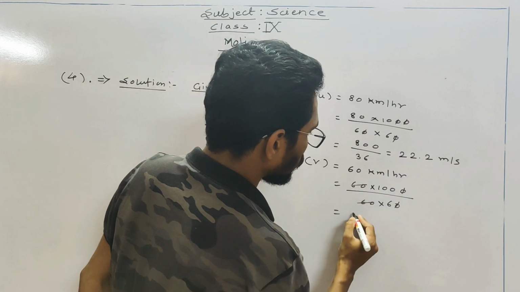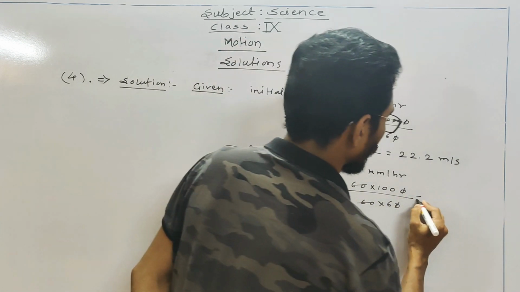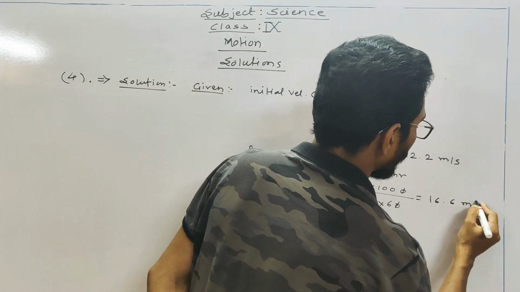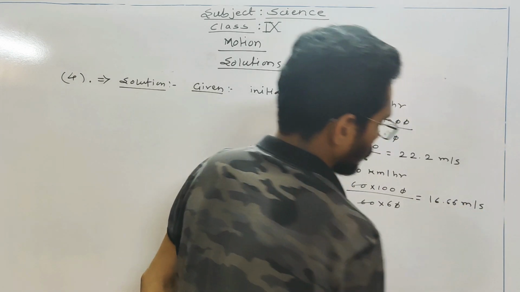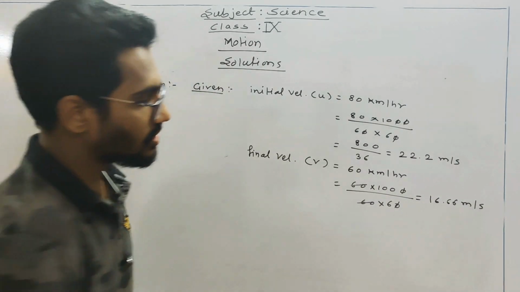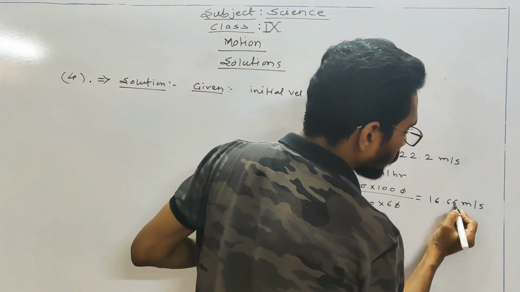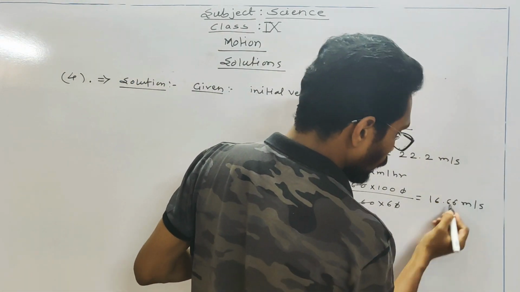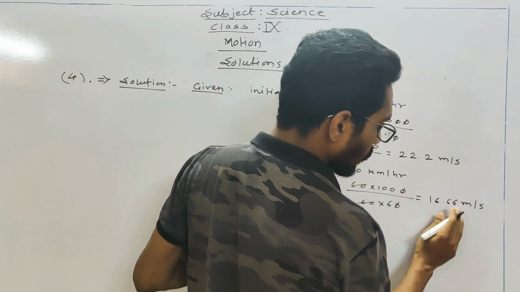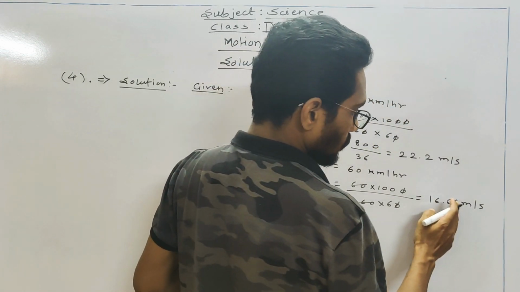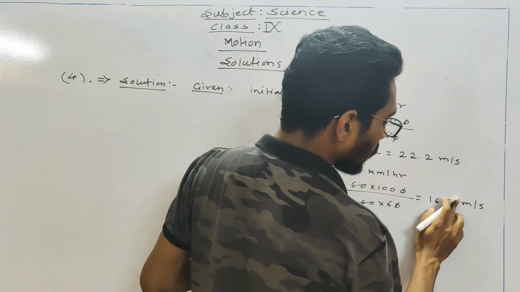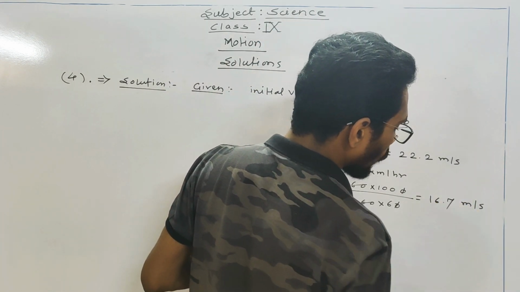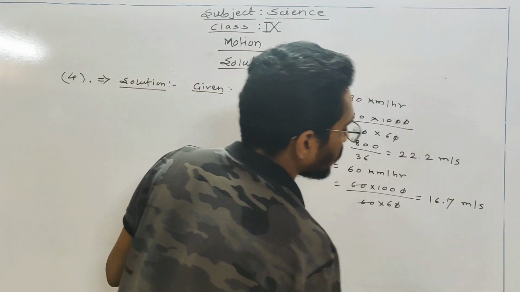So 100 by 6 is nothing but 16.6 meter per second. This second decimal is greater than 5, so we can increase this by 1. Hope it is there in previous classes in mathematics, that 6 is recurring, so we can take it as approximately 7. So 16.7.